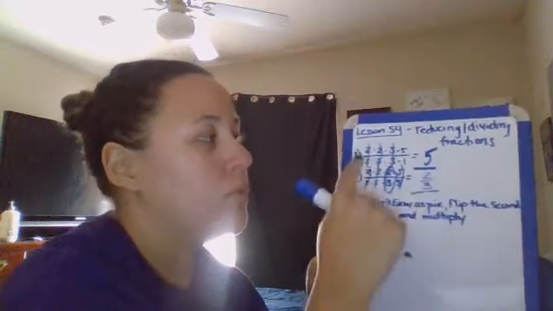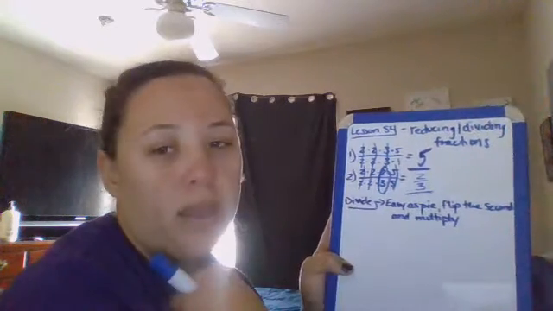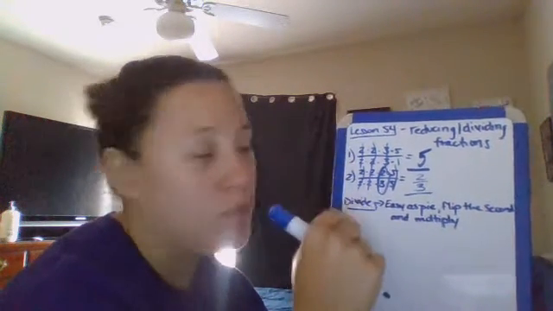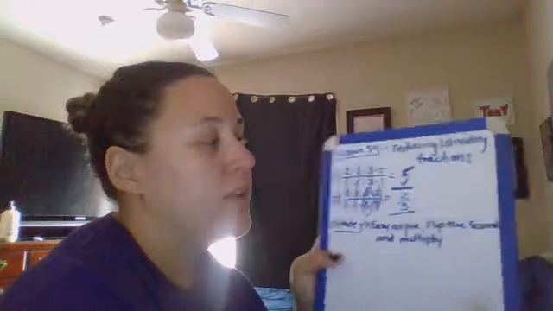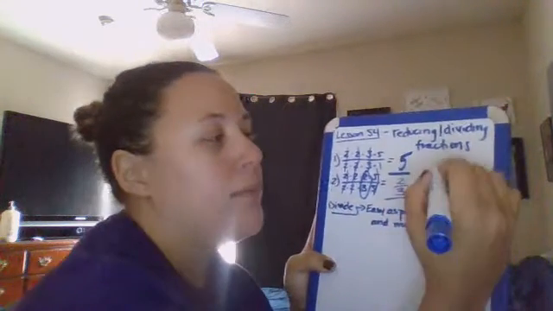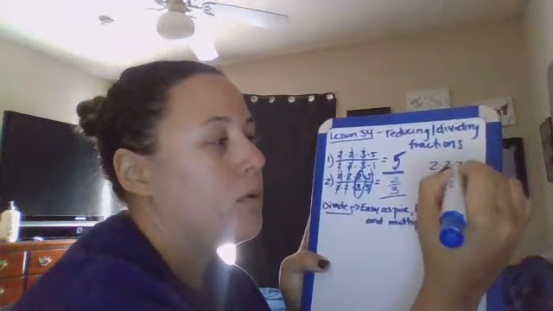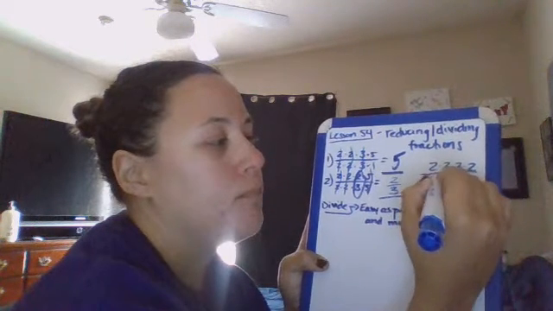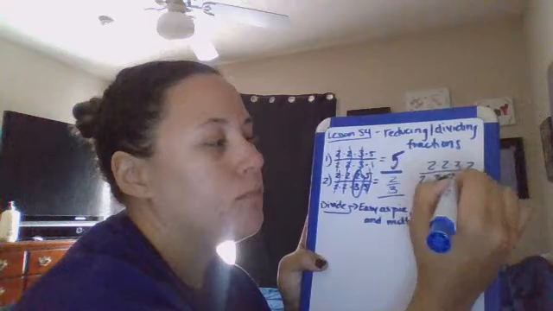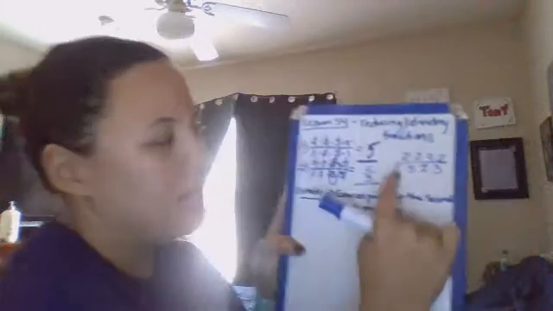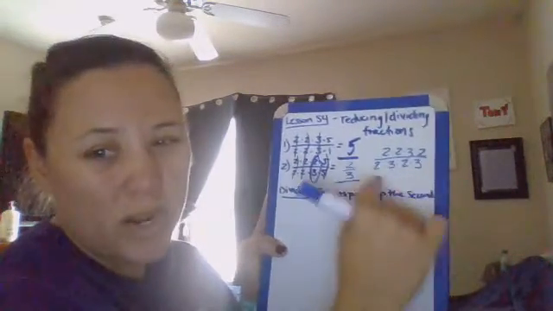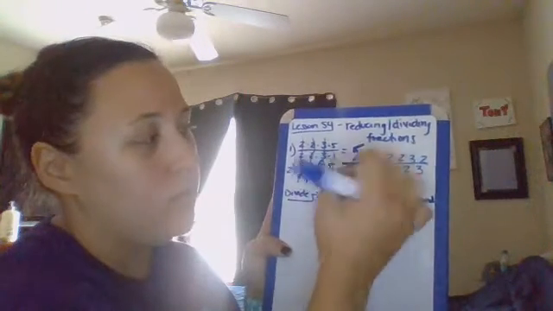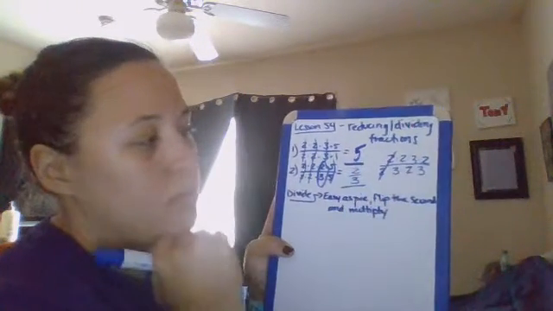Basically, all you're doing is going through and making sure you can make it into 1, so it'll reduce down. Even if they set it up and it's not exactly over one another, you can still look across and see, okay, I had a 2 over 2 over here, so that goes away.